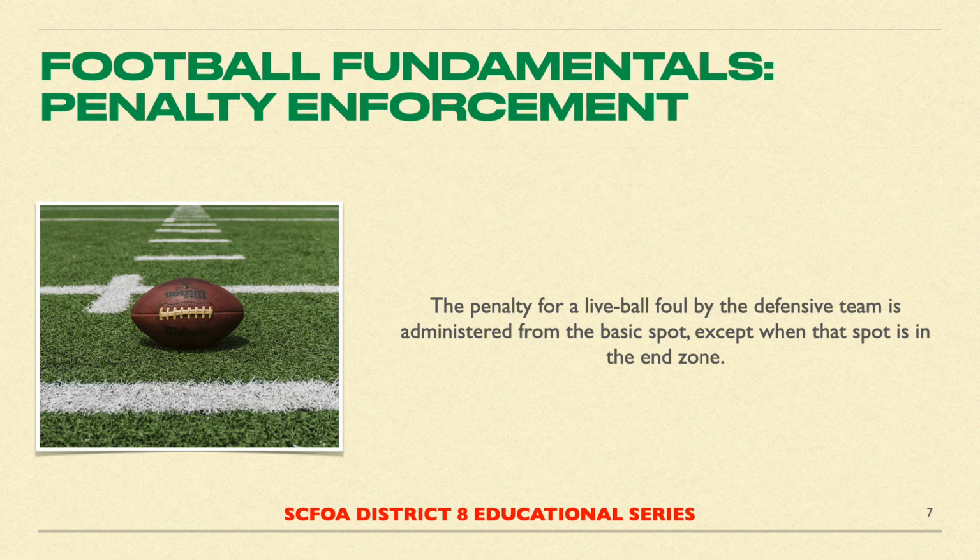The implications of this fundamental: There is a subtle distinction with the use of the word defensive in this fundamental. 99% of the time we use A or B when discussing plays and rules, and those designations do not change during the down. A remains A and B remains B throughout the entire down.